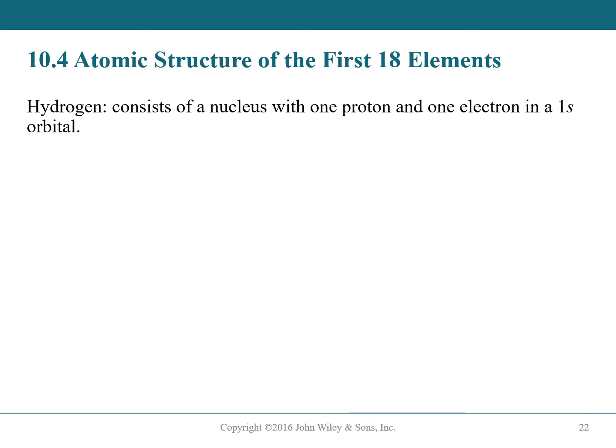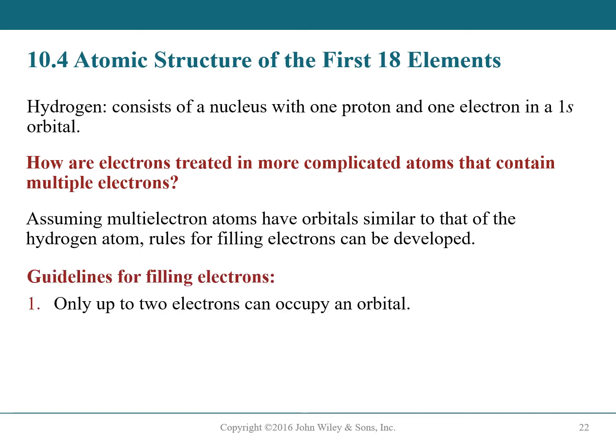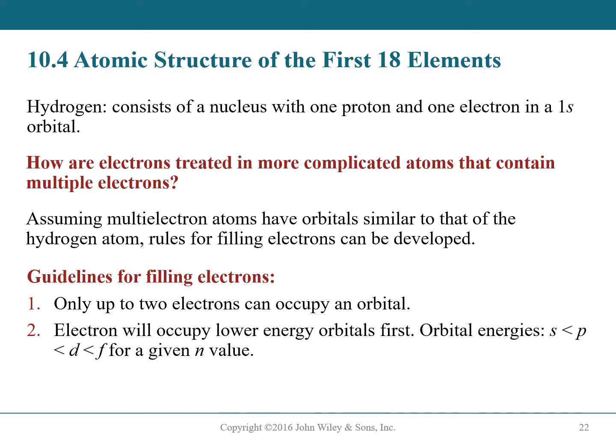Okay, let's take a look at atomic structure. For hydrogen, we'll look at that, and then we'll look at how we handle electrons when you have more than just hydrogen. When we do that, you have to fill from the lowest energy up, with 2 electrons per orbital.